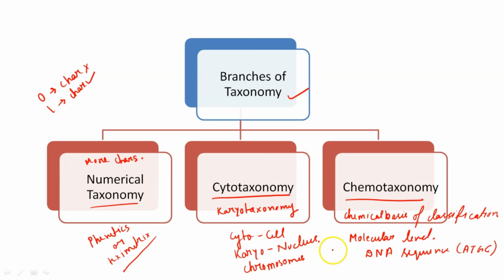Chromosomes don't only contain DNA, they contain proteins and other things also. So you have to remember that DNA sequence is used for classification in chemotaxonomy and not in cytotaxonomy. Here chromosomes are considered and not the DNA sequence.